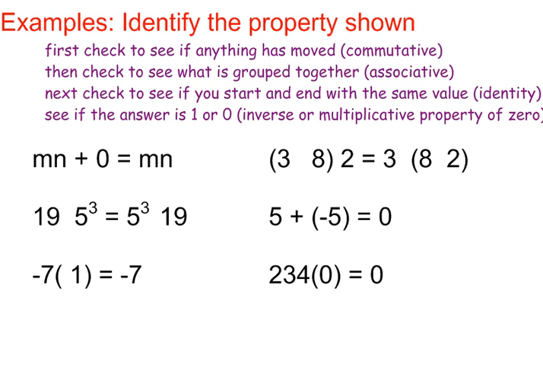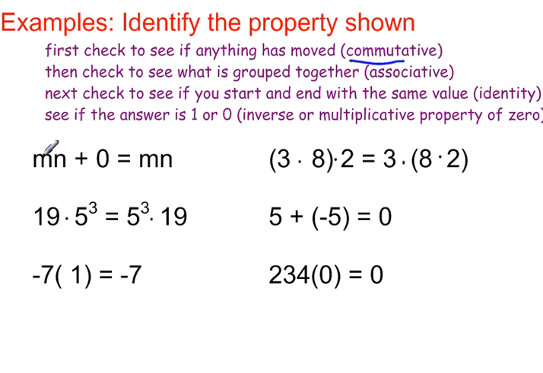So you'll have some questions where you're asked to identify what property is being shown. And I use this checklist to go through in order. Now these numbers were missing some multiplication signs. Let me put those in really quickly. Here's how I do these kind of problems. I first check to see if anything has moved, because if something has moved, it's going to be commutative.